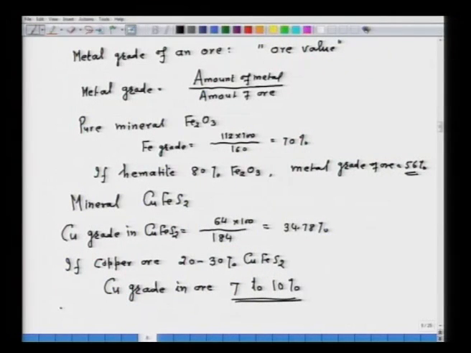Now, similarly, say nickel grade, which is again an important strategic metal. Nickel grade in nickel ore also varies, for your information, though it depends on location to location, between 2 to 5%.